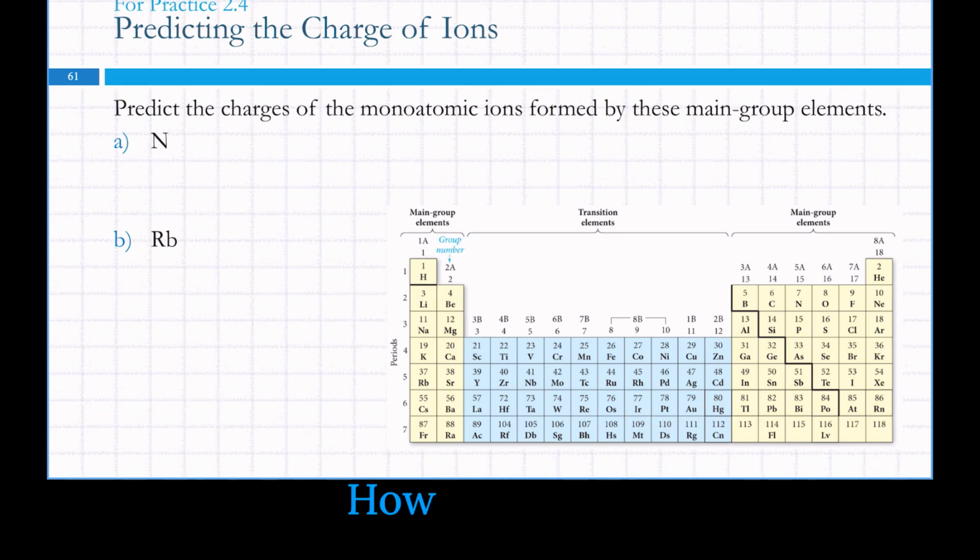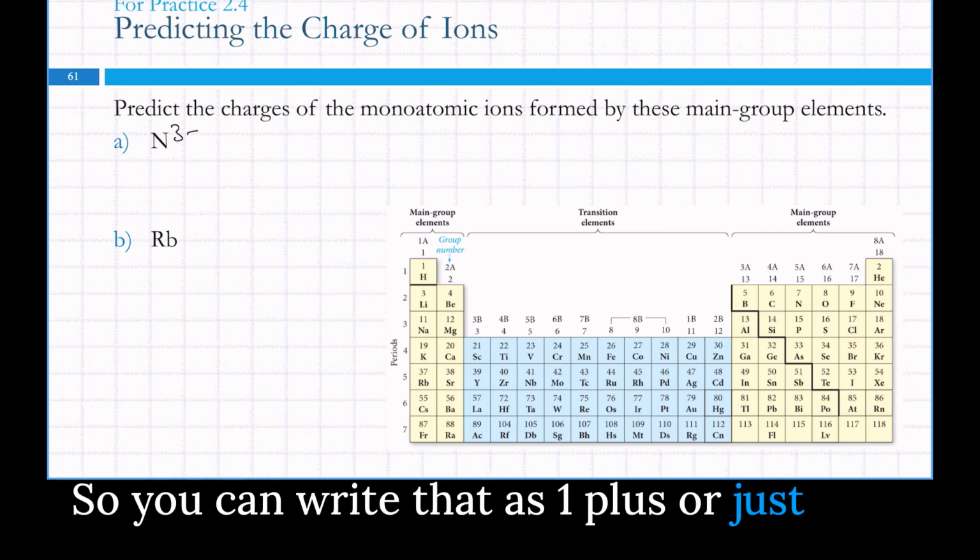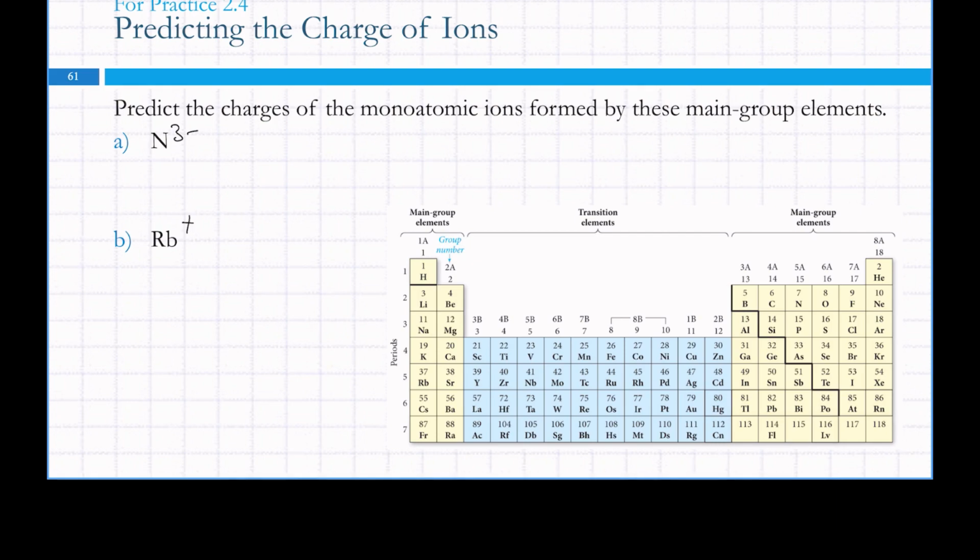Negative charge. How negative? 3 negative, 3 minus. Nope. And then rubidium. 1 plus. You write that as 1 plus or just plus.